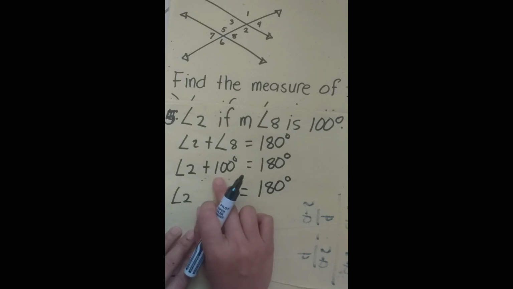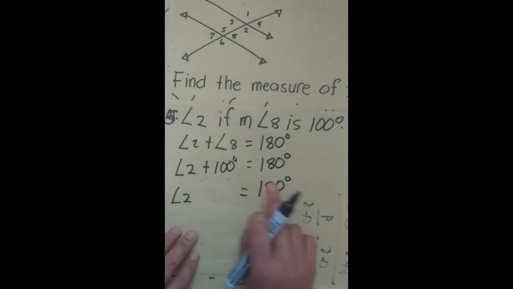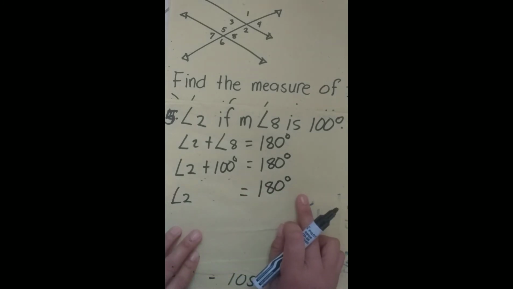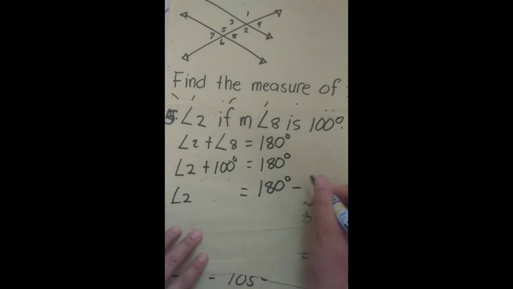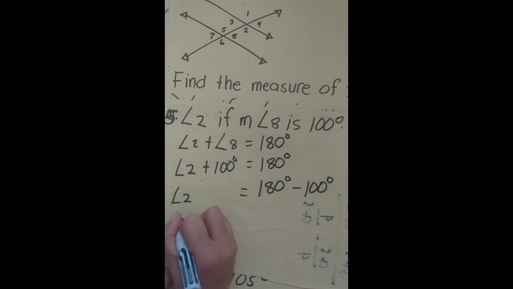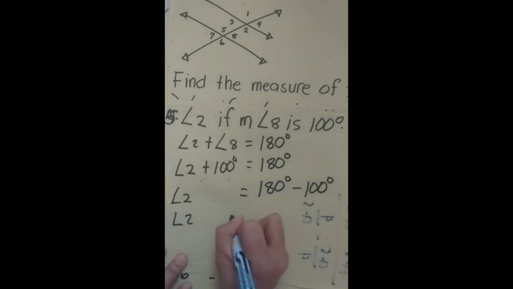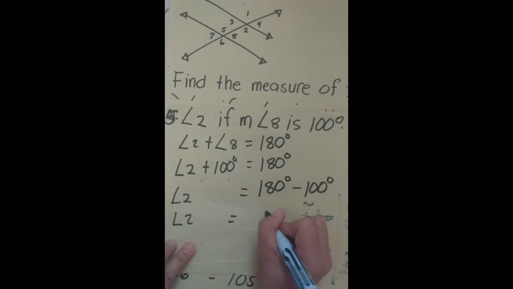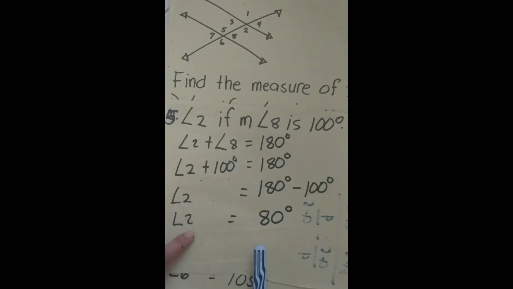Since 100 here is positive, when we transfer it here, it will become negative 100 degrees. So angle 2 is equal to 180 minus 100, which is equal to 80 degrees. So angle 2 is 80 degrees and angle 8 is 100 degrees.